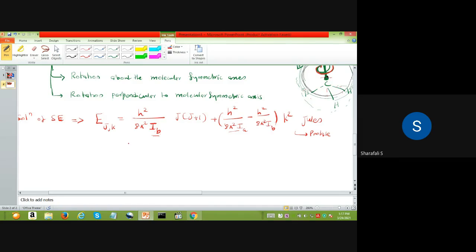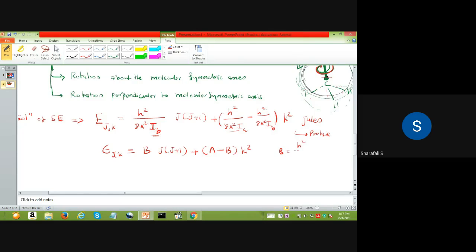So if you want to calculate this energy in terms of wave number, that is epsilon j comma k, then that will come as B times j into j plus 1, plus next one is IA, which I will replace with A minus B times k square. So what is this B?